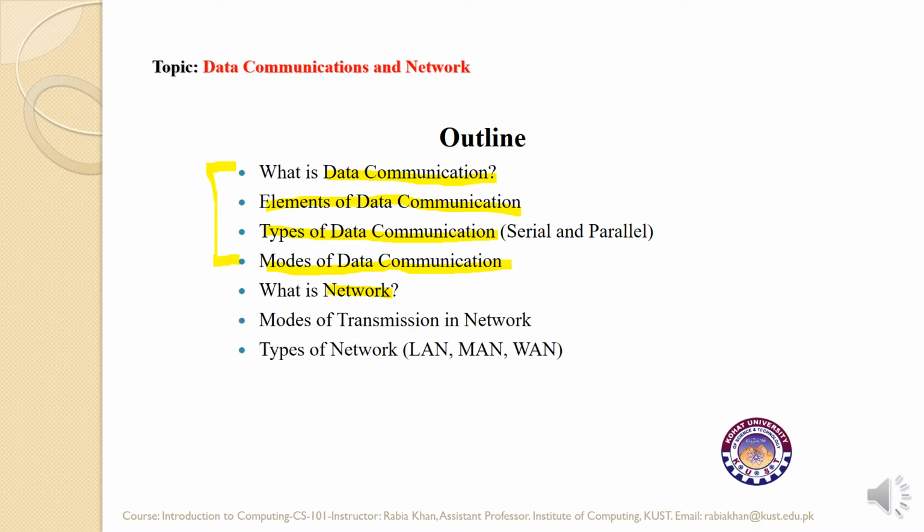Private networks are more secure as they do not provide access to unauthorized members or devices, while public networks, since they are publicly accessible, may not be as secure as private networks. So these were the topics we discussed related to network in the previous discussion.